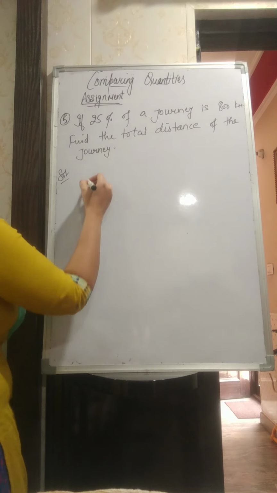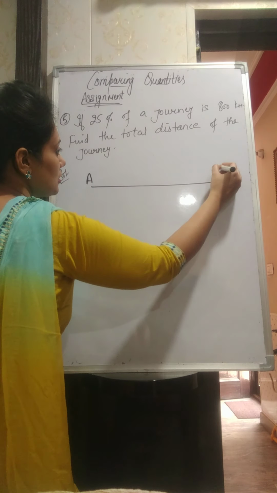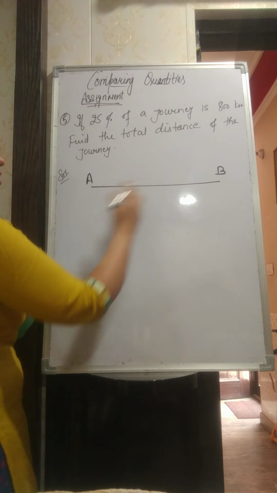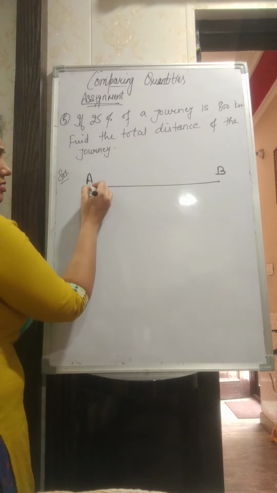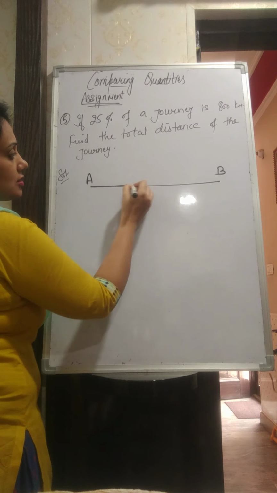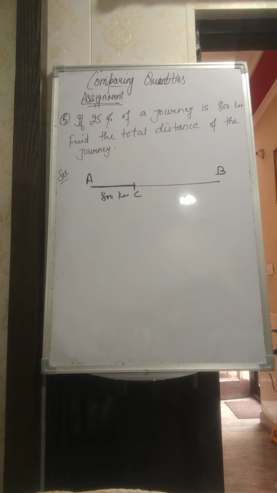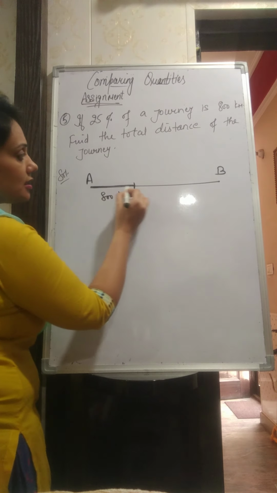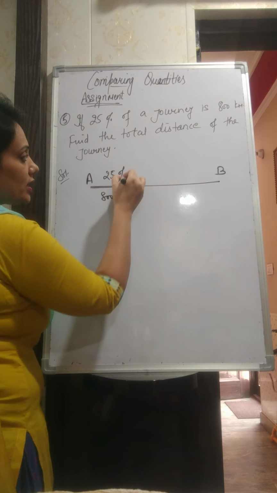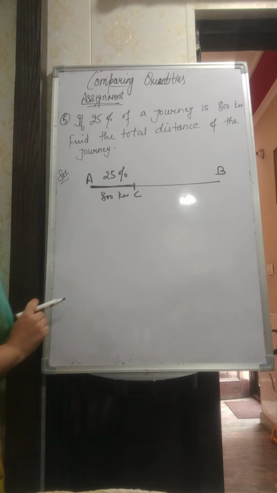Means, say a person starts from point A and he has to reach point B. Now, if he covers 800 km, when the person reaches point C, he covers only 800 kilometers of his total journey, and this 800 kilometers is only 25% of his total journey.